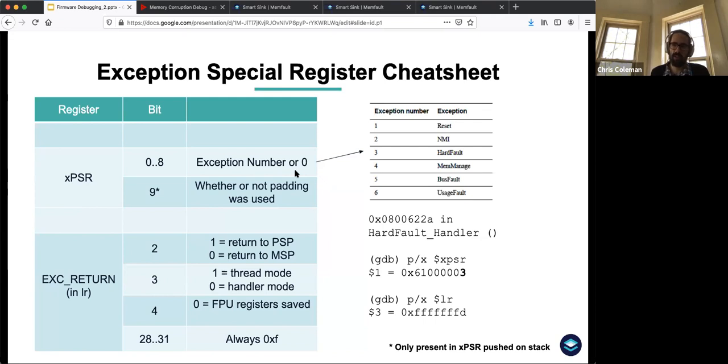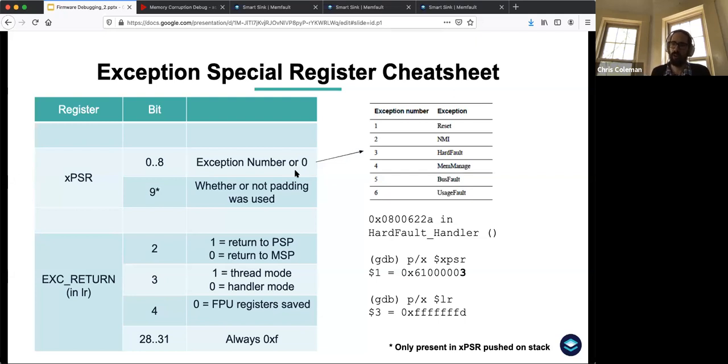And where this is interesting is if it's not set and you're returning to handler mode, it tells us that the exception was triggered from an interrupt or from another exception versus user code. Bit 4 will tell us whether or not those FPU registers were pushed, and we'll need to use that to recover our stack.